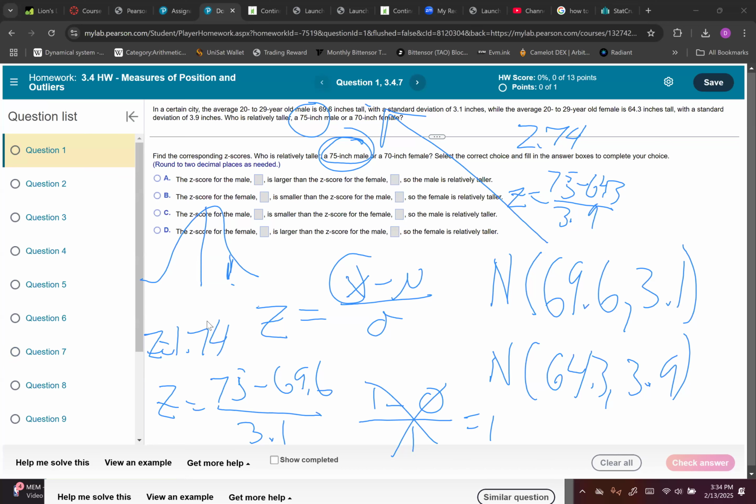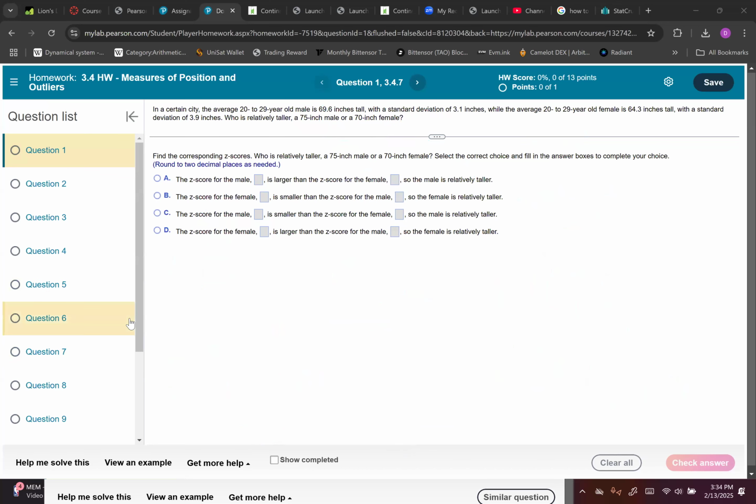Okay. So how would we do this in StatCrunch? Let's try it. Let me clear this. So we had 2.74 for female. That's the z-score. And the male z-score was, I think, 1.7. Do it again. 70 minus the mean, divide.